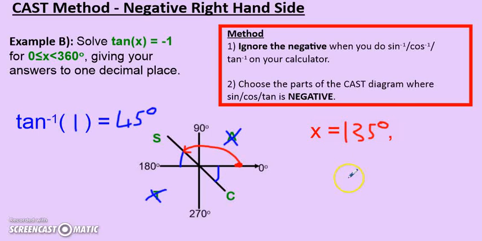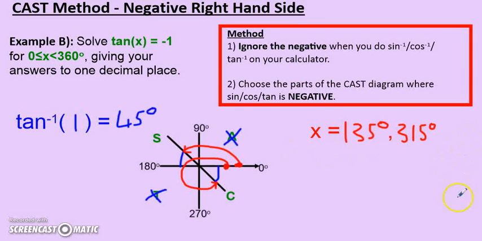I could write 135.0, but I'm not going to bother. Looking at my second solution, again, anti-clockwise from the 0 line, I'm going all the way around. I've almost done a full turn, 360, just minus a little bit. So it's 360 minus 45, so it's 315 degrees. So that's that problem solved.